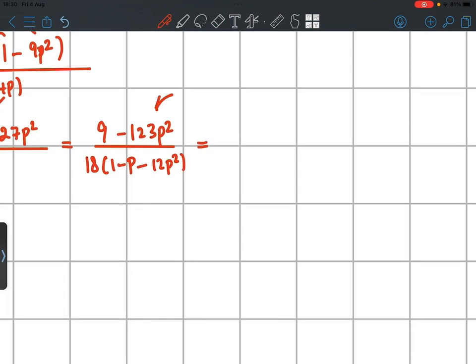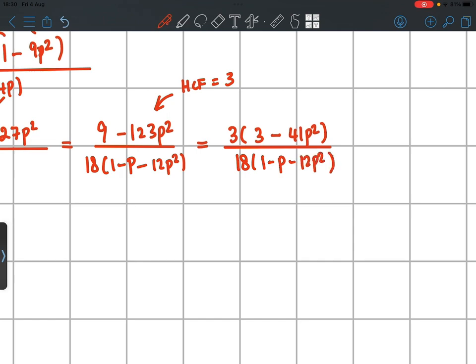So the HCF for this is actually 3. So we take out 3, so we are just left with 3 minus 41p square, right. So if you multiply back, you will get the same expression over here. Okay, divided by 18(1 minus p) minus 12p square.